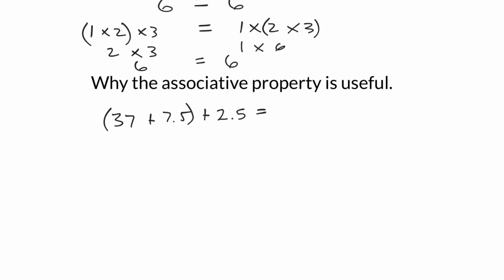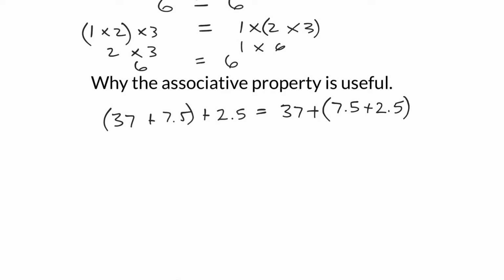Well, according to the associative property, if it's all addition here, then I can move these parentheses around the 7.5 and the 2.5, and that would make things a little bit easier. So that's the same as 37 plus 7.5 plus 2.5, but I could do that first. And so the associative property allows me to move those grouping symbols.